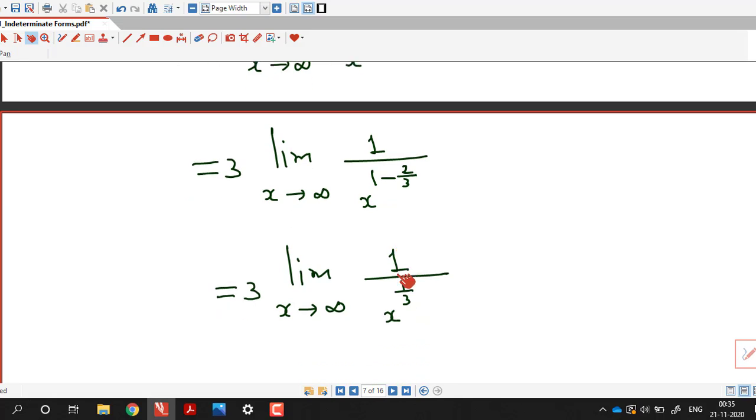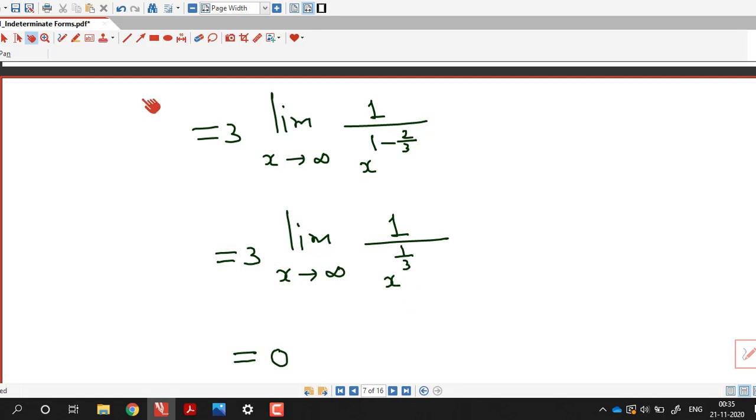So 1 minus 2 by 3 is 1 by 3, so we have 1 over x to the power 1 by 3, and if we take x tending to infinity, we will have 1 upon infinity, which is 0.